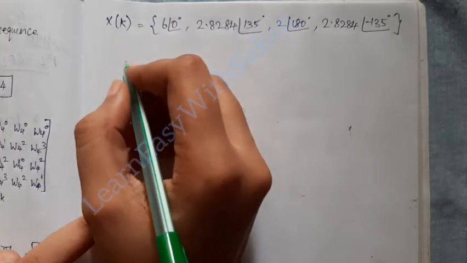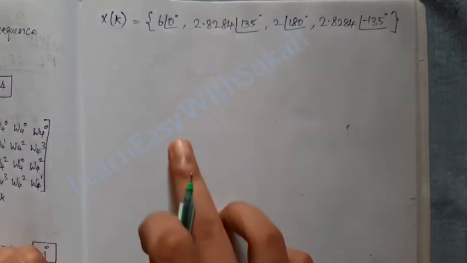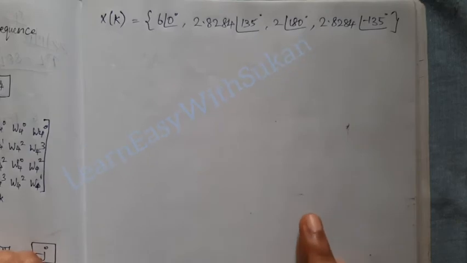To get it in the radian form, why we should get in the radian form? We need that to plot the phase response.